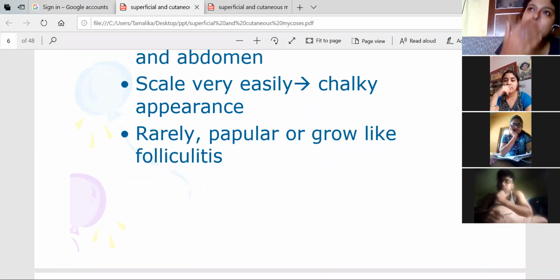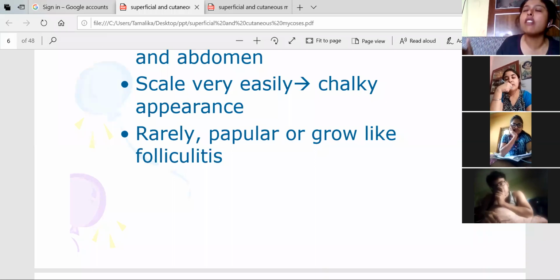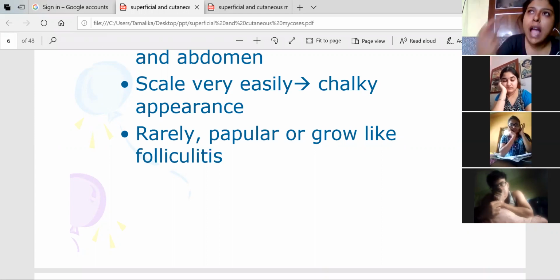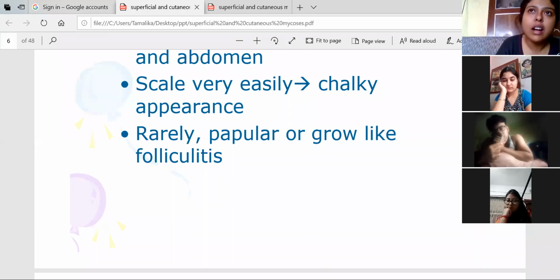So they basically form scaling of the skin, pigmentation of the skin, and they are basically caused by the fungus. And you know that one of the gravest problems of fungus and bacteria is that bacteria can easily be removed by antibiotics. But even if you add antifungal agent for the fungus, it will come back again and again because they can survive in the form of spores, and spores are resistant to various harsh conditions.